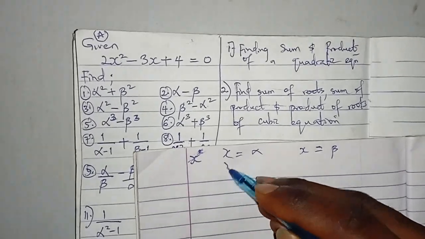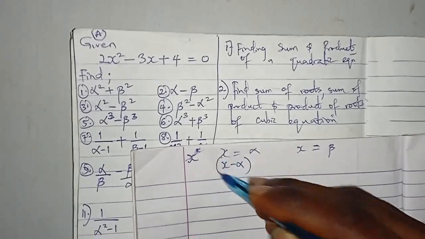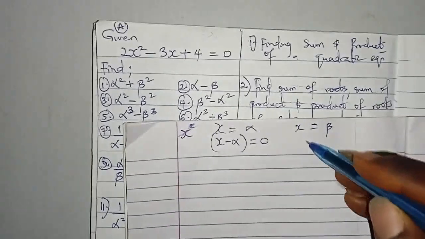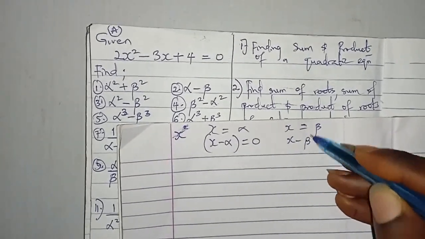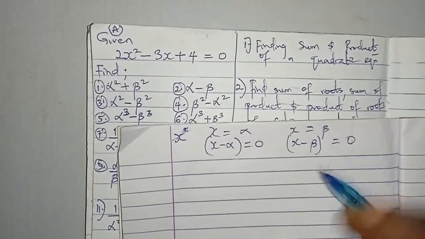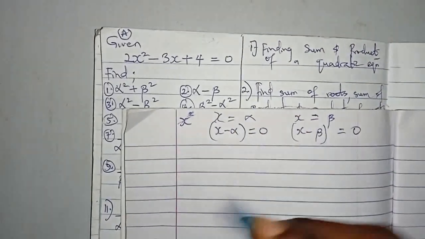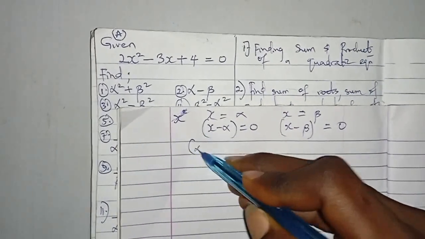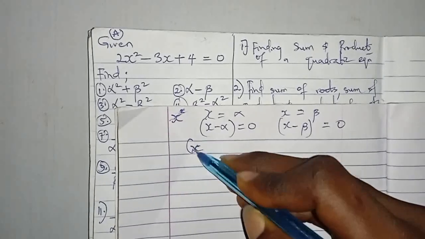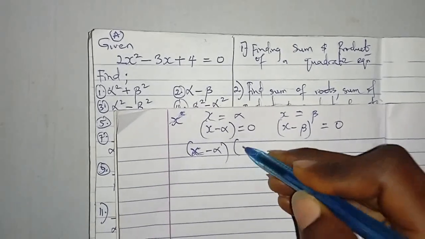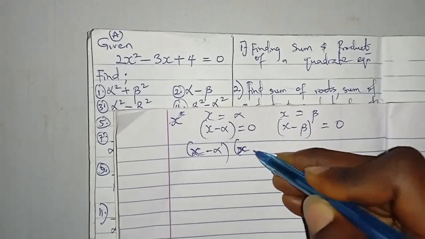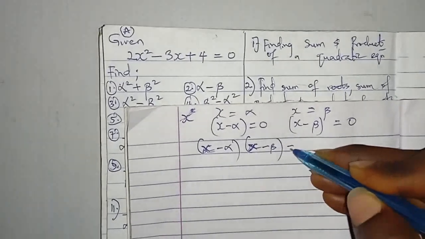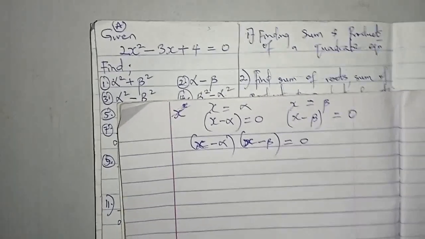So you have x minus alpha equals 0, x minus beta equals 0. We can simply say this is the same as, in single brackets, x minus alpha times x minus beta equals 0.